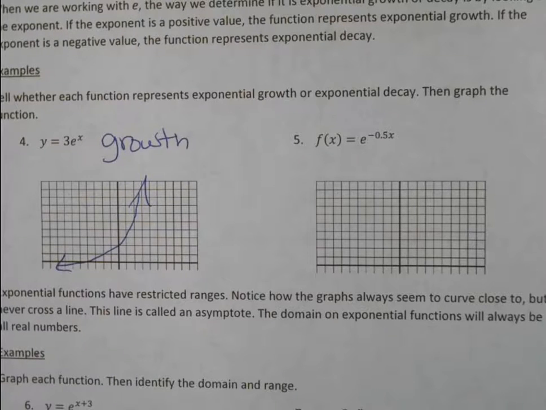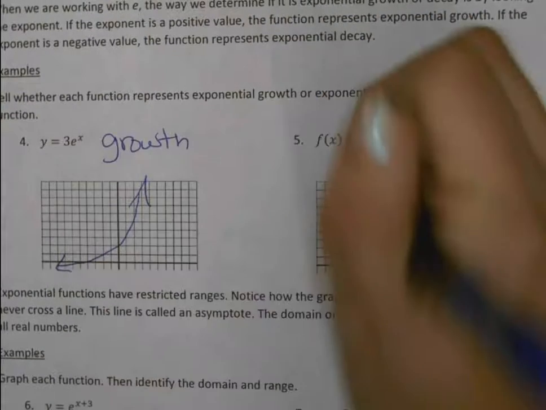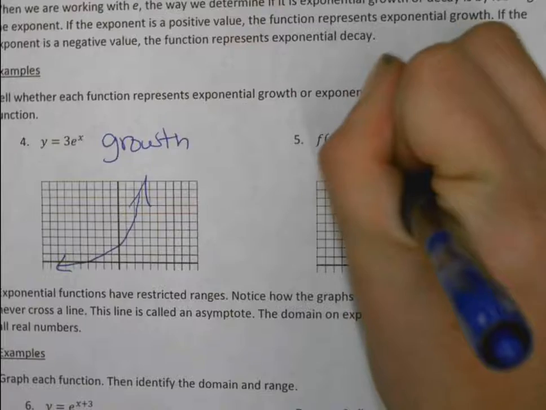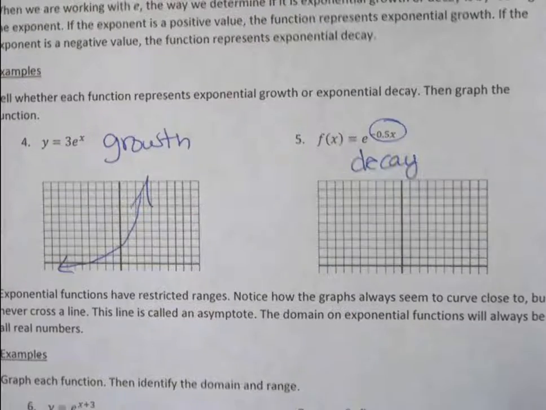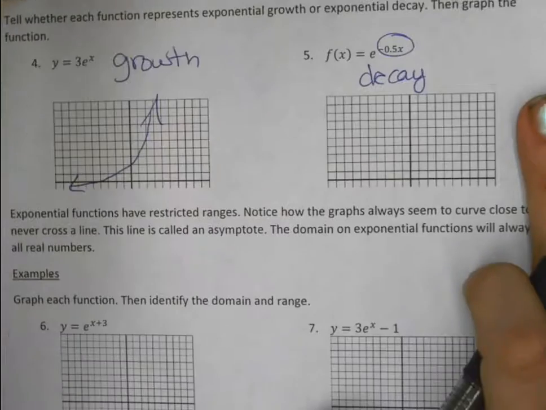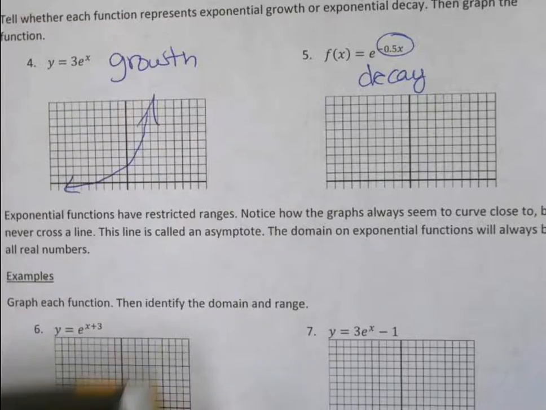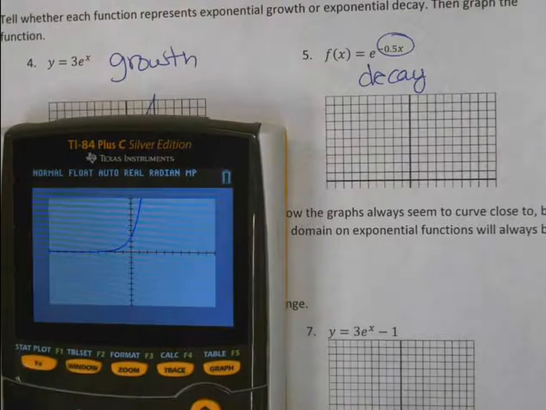So then on number 5, it's going to be decay because my exponent is negative. Okay, so then I go and type this one in.